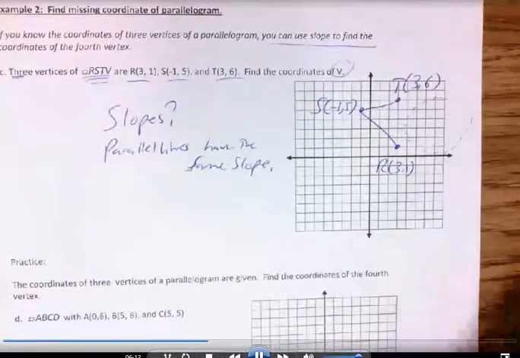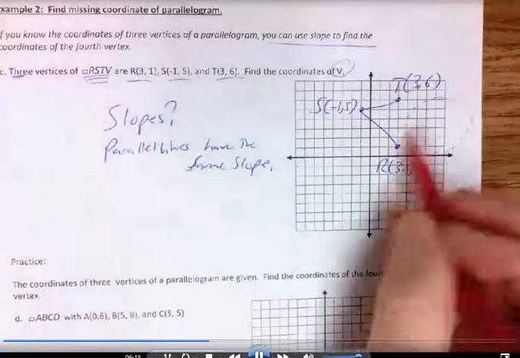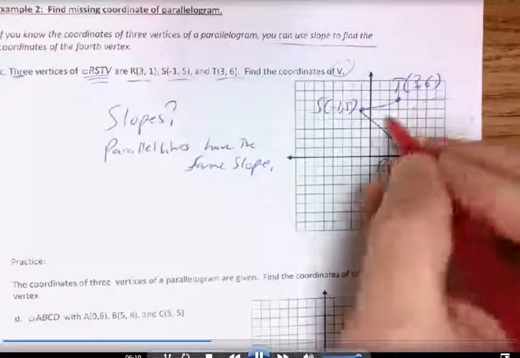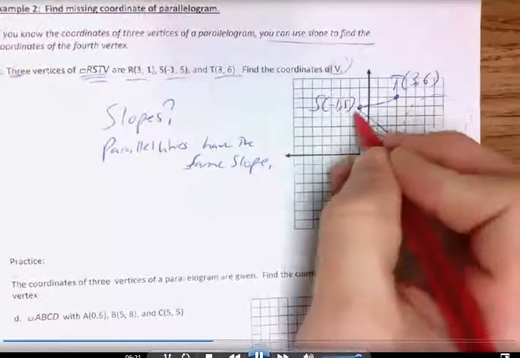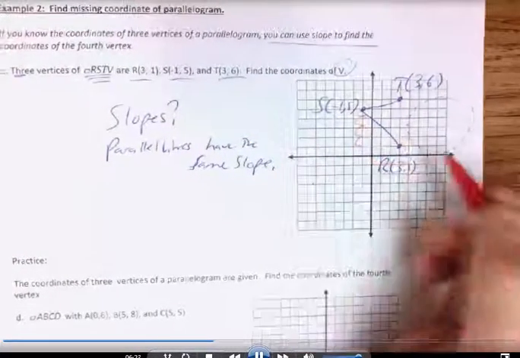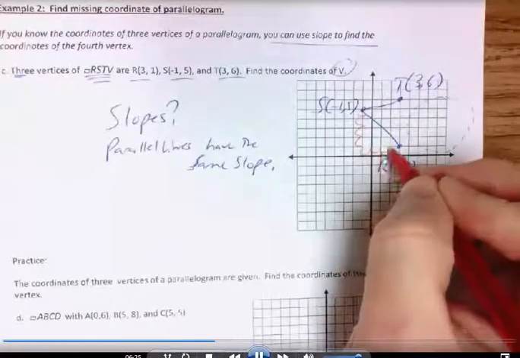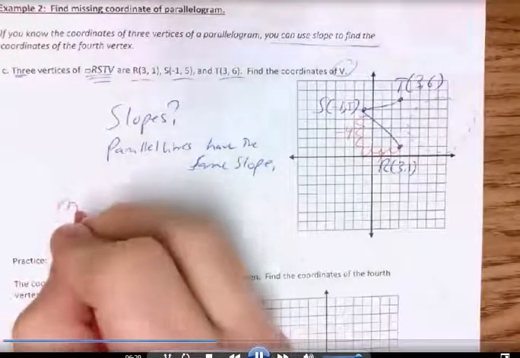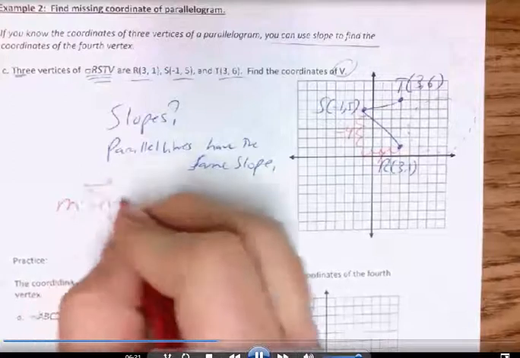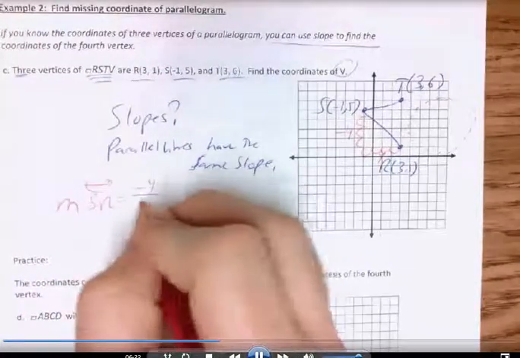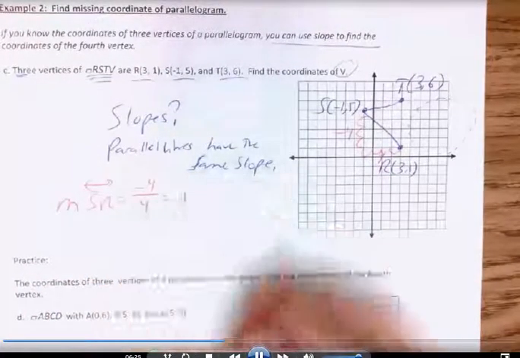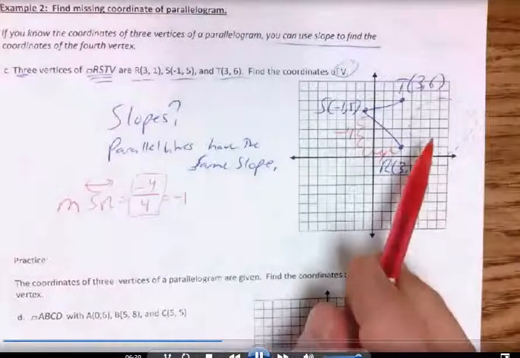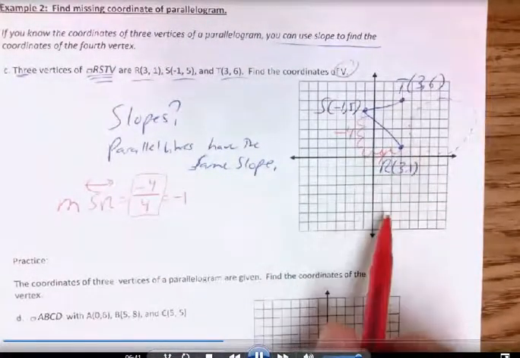So let's check it. The slope, if I do RS here, I'll do rise over run, right? So it looks like I have to go down and over. So down 1, 2, 3, 4, over 1, 2, 3, 4. So I went down 4, over 4. So the slope of SR was down 4 over 4, which is -1. But I'm actually going to keep it as this for now, just for the sake of drawing it. I think it's much easier to do it that way.